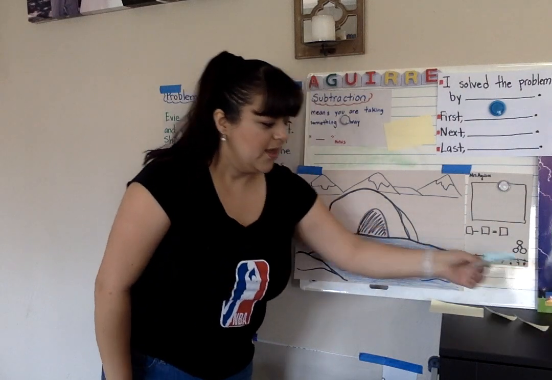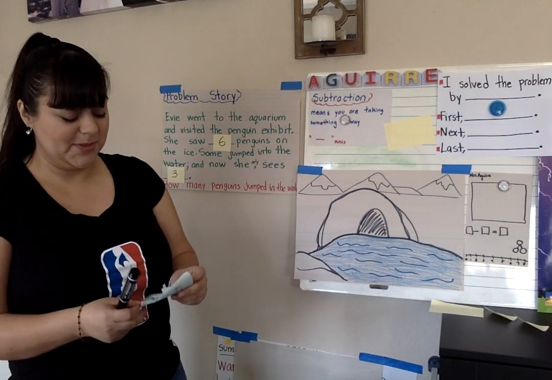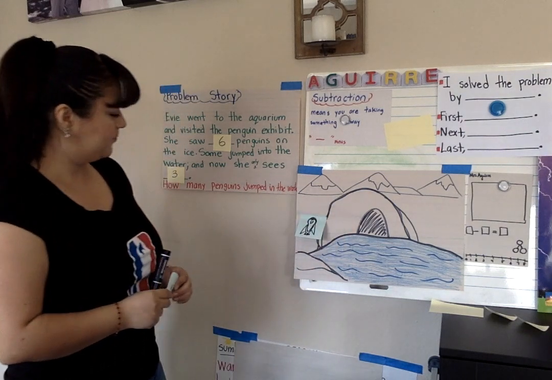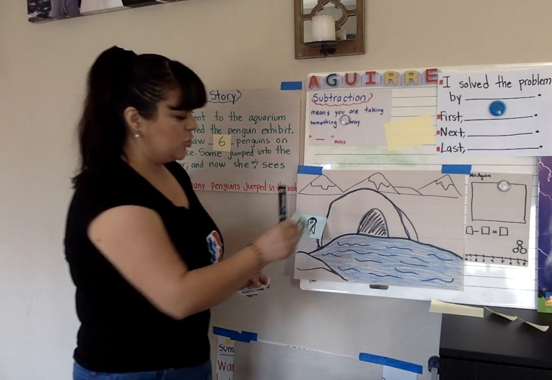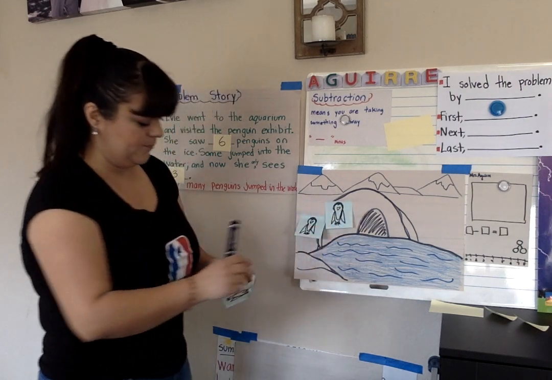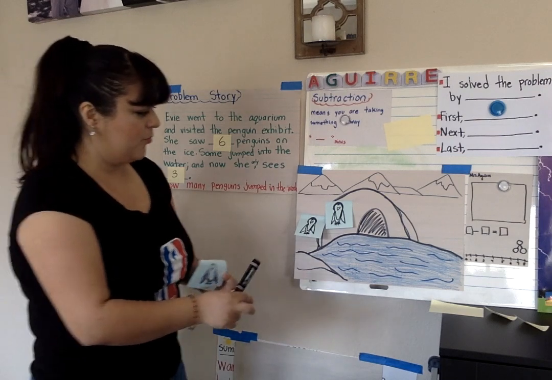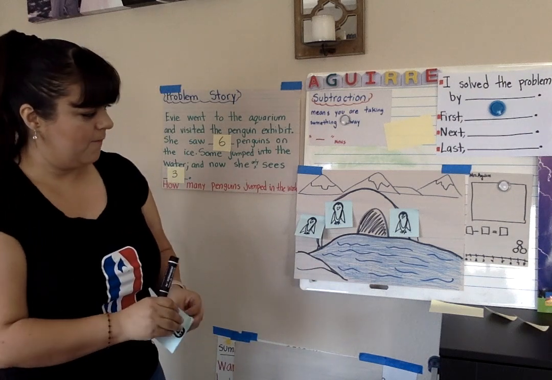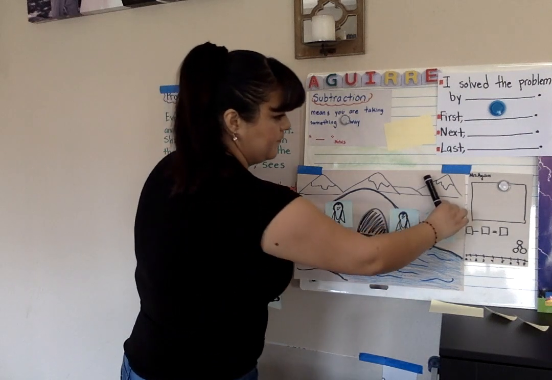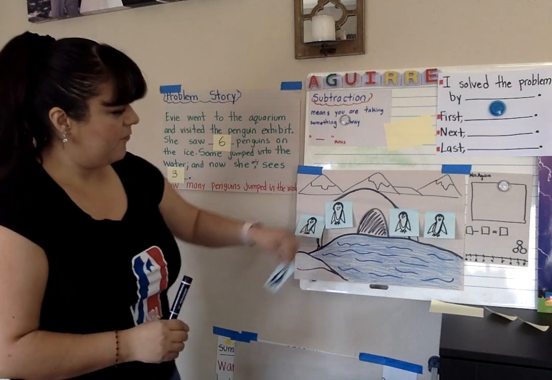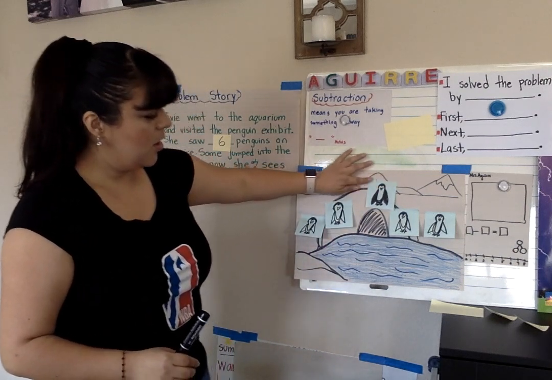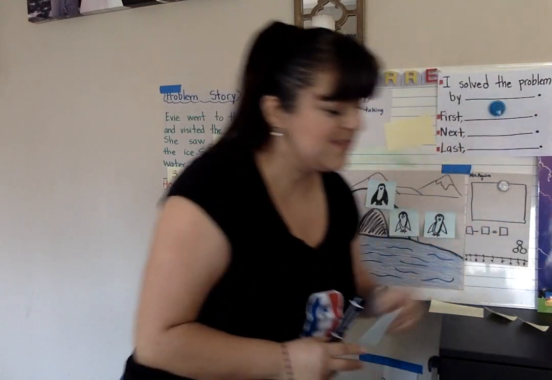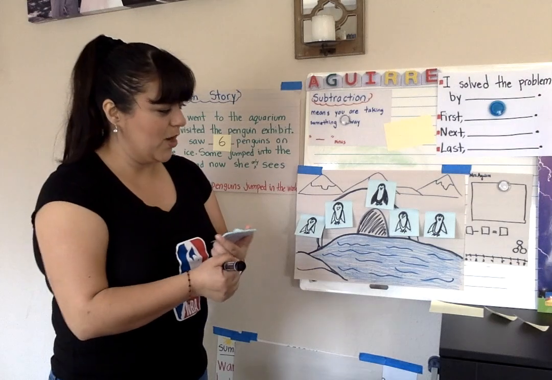Okay, so my penguins are not great, but that's okay. 1, 2, 3, 4, 5. Oh, I'm missing a penguin, but that's okay. We all learn from our mistakes, right, guys? So let's draw one more penguin.